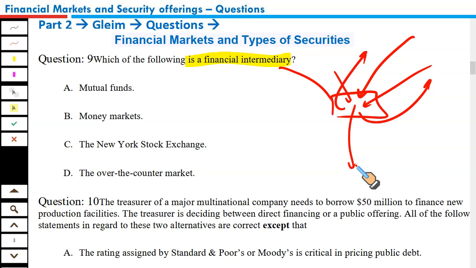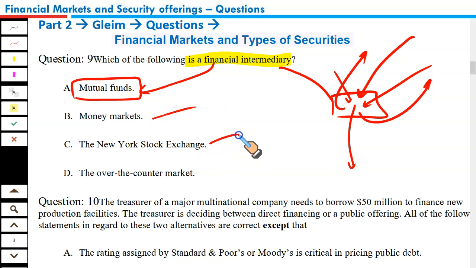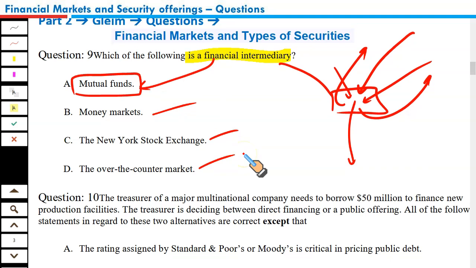So yes, absolutely, Noman, it's mutual funds. A mutual fund is a financial intermediary: it takes in deposits from you, issues units to you, and then uses your money to make investments in different investment opportunities. Right? So these money markets are market participants, not intermediaries.